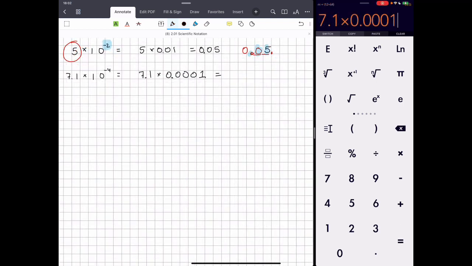In the next problem, we're given 7.1 times 10 to the negative 4th. As a decimal, 10 to the negative 4th is 1/10,000th. Now when we multiply those together, we'll see on the calculator that we get 71 10,000ths. Now let's look to see what happened with the decimal.